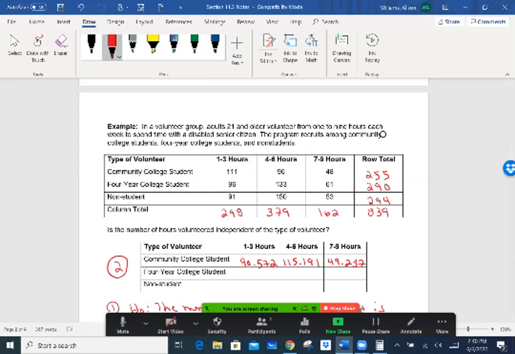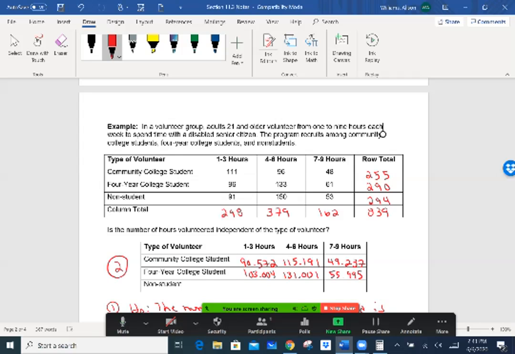So for a 4-year college student, this is going to be 103.004. This one's 131.001, 55.995. For non-student, we have, oh, I just realized I put 1,000 instead of 103. Let me fix that. 103.